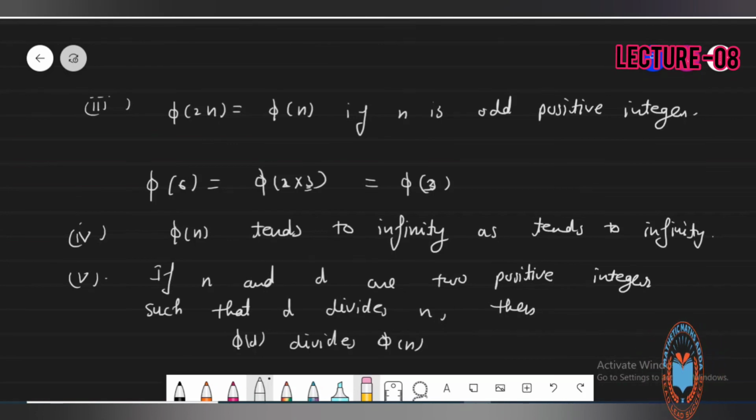This is again an important formula. If we have two numbers, one dividing the other, then their phi functions must divide in the respective manner.